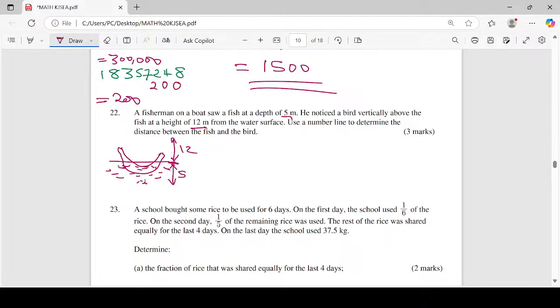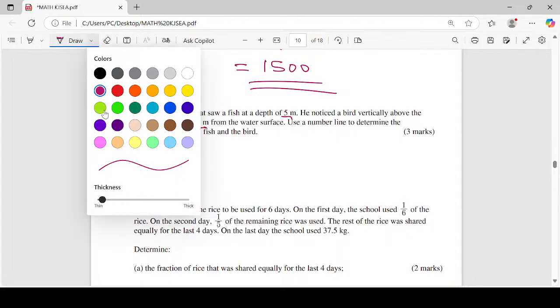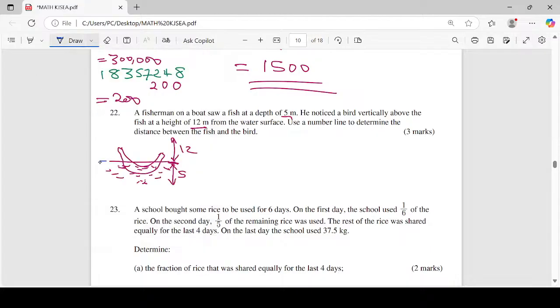Use a number line to show the distance. Allow me to use the distance from the water surface, such that the distance going downwards is negative, and the distance going upwards is positive.